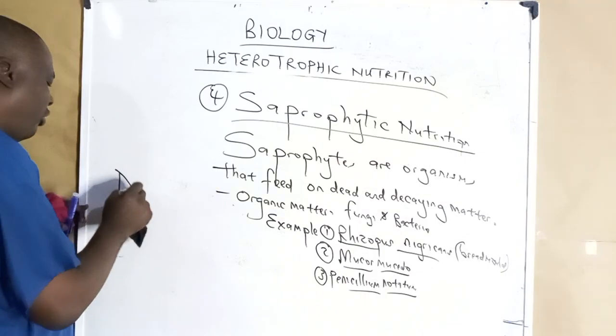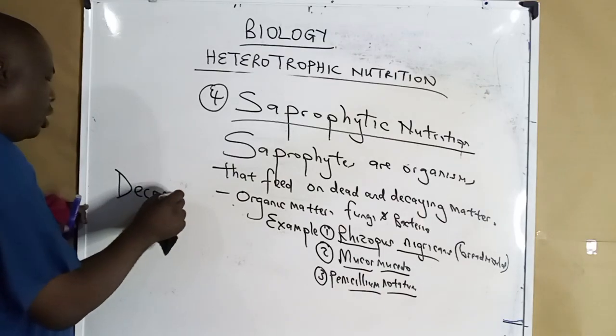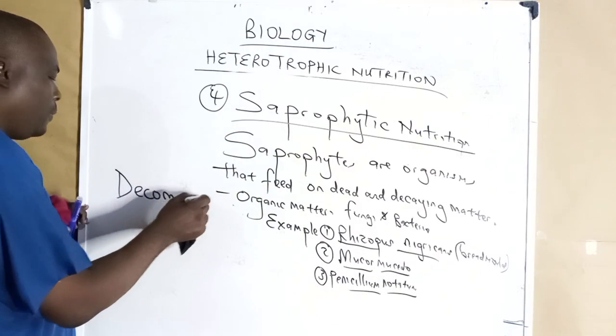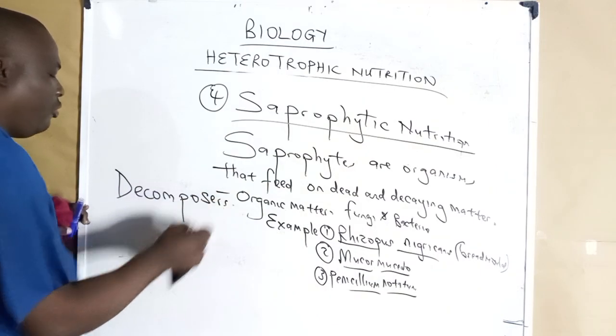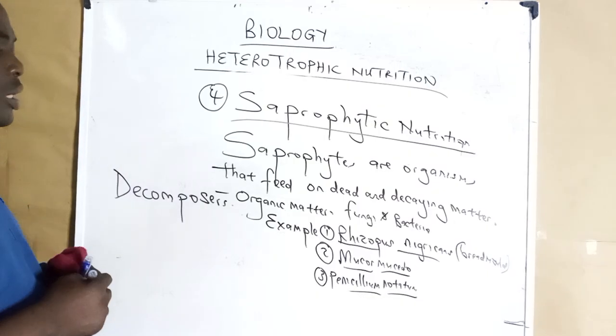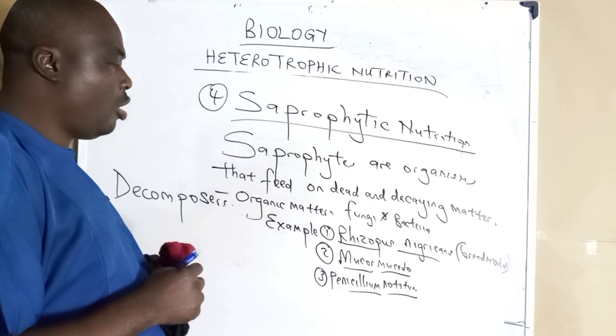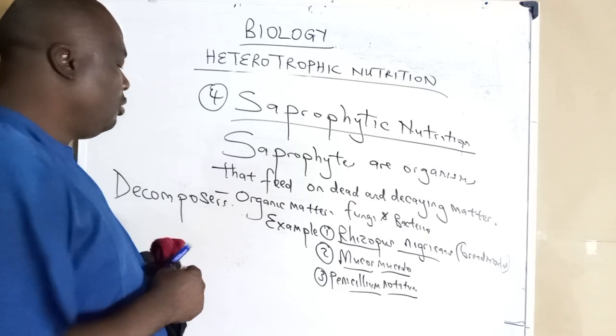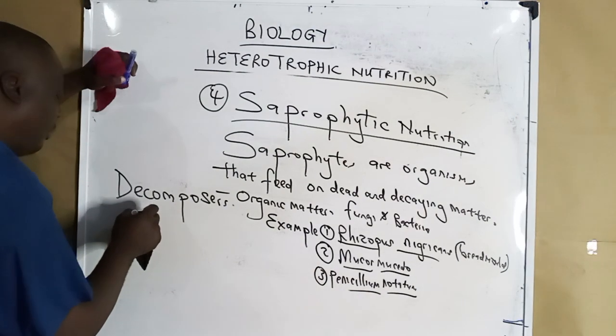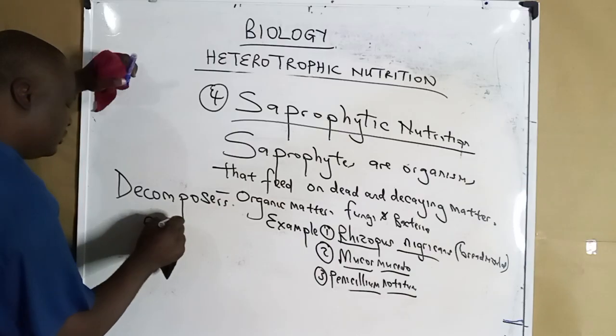They are called decomposers because they break down organic matter, help to recycle nutrients and improve soil fertility. The digestion of saprophytes occurs extracellularly.